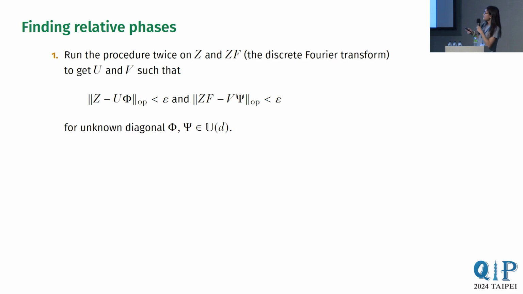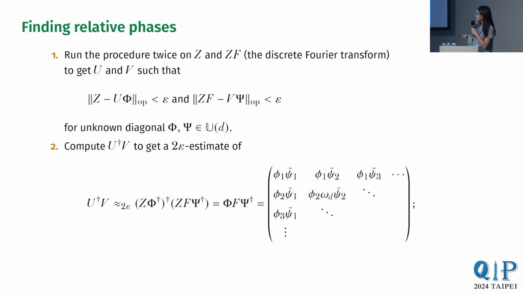And you can combine U and V to then see what the phases are. You can look at U dagger V, and because U is close to Z times phi dagger, and so on, you can get that these Z's cancel, and this is close to your Fourier transform, but your phases are there, a phase per row and per column.